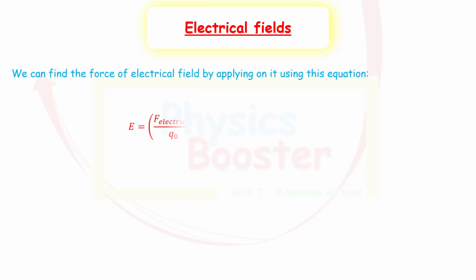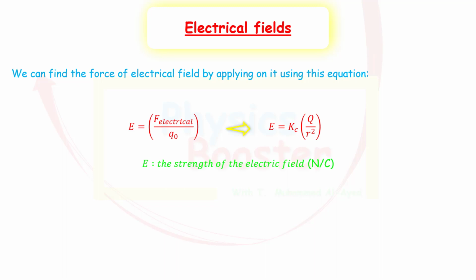The formula says that the electrical field is equal to the electrical force divided by Q naught. And we said that Q naught is the charge of the small test charge. Or we can use this other formula that says that the strength of the electrical field is equal to Coulomb's constant multiplied by Q divided by R squared. What is E?